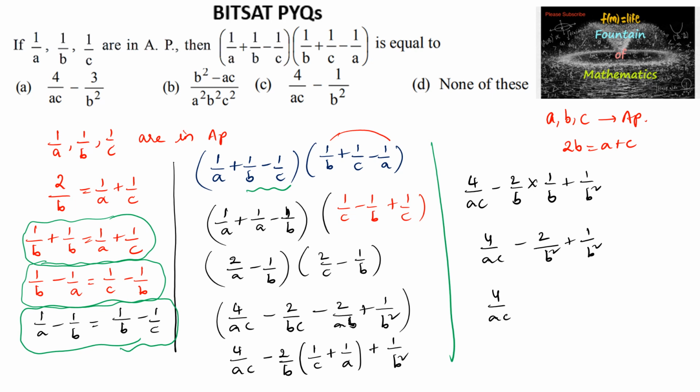Let us check once again: 1/a + 1/c is 2/b, so this is 4/b², so minus 4 plus 1 is minus 3/b². So 4/ac − 3/b², which is our option A.